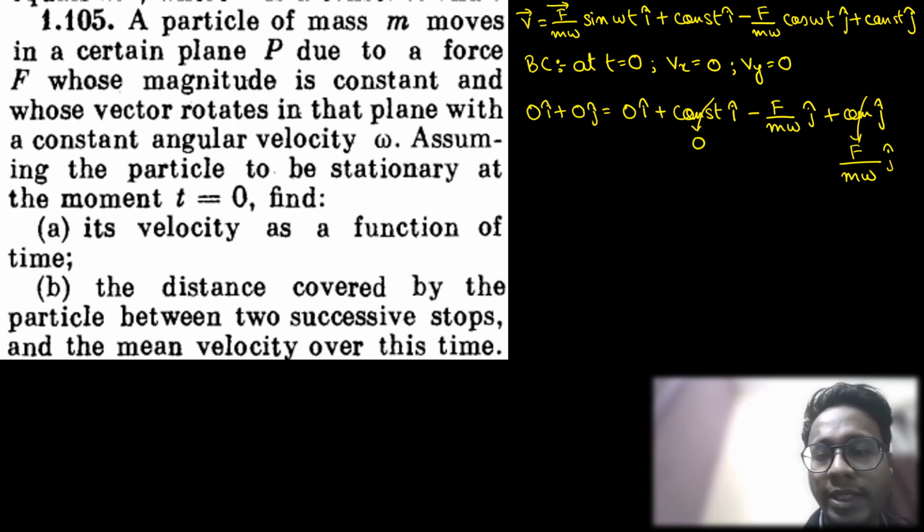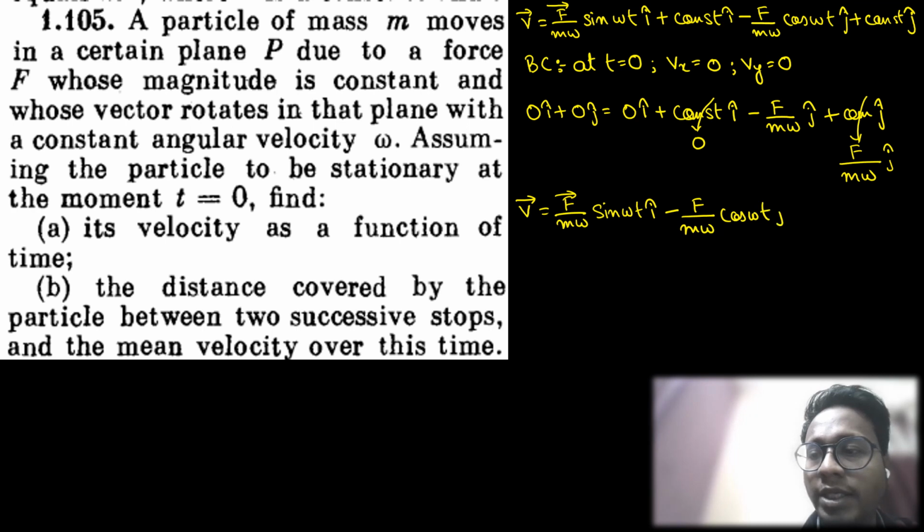So if I rewrite the equation: f by m omega sin omega t i, no constant of i, minus f by m omega cos omega t j, and what is the constant of j? Plus f by m omega.